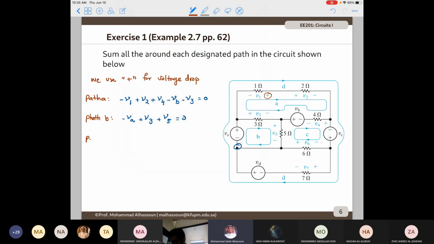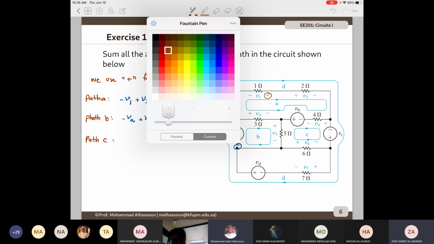So path C, Ziyad for C and Adnan for D. They are all minus except for VB.